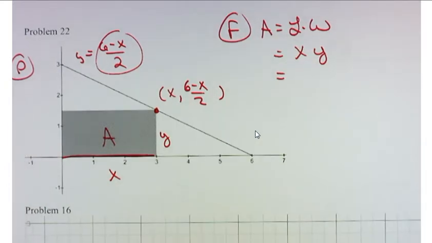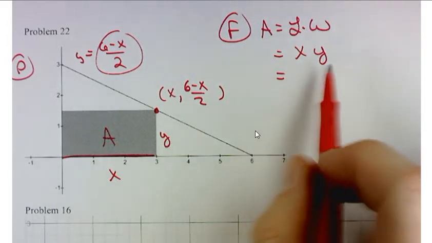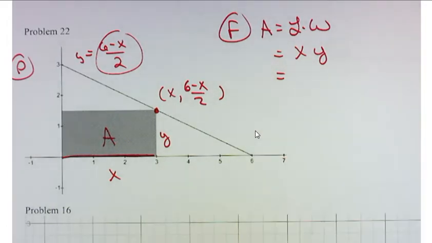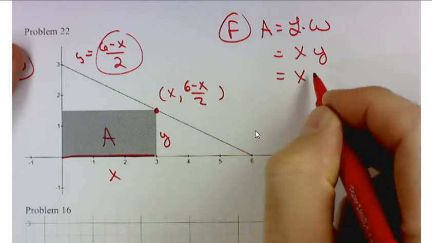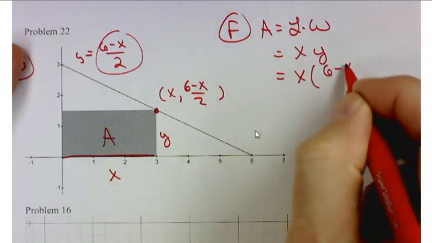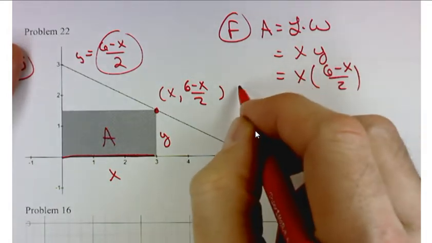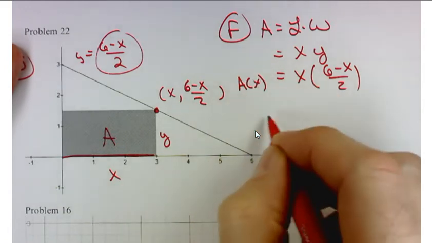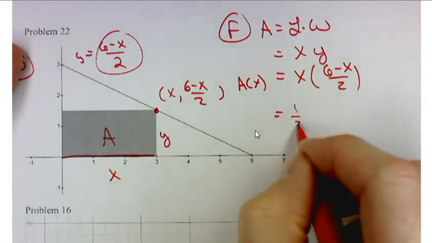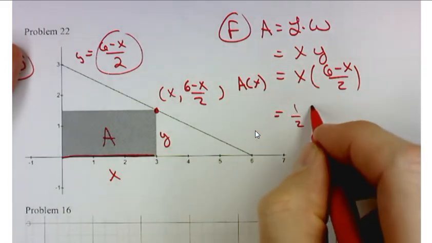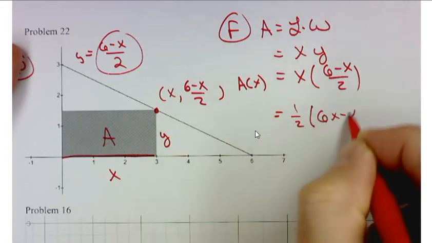But if we're trying to write this as a function of one variable, can I rewrite one of those? What would y be instead of just a y? 6 minus x over 2. Excellent. And I'll write that as A of x, or I could rewrite that as 1/2 (6x minus x squared).